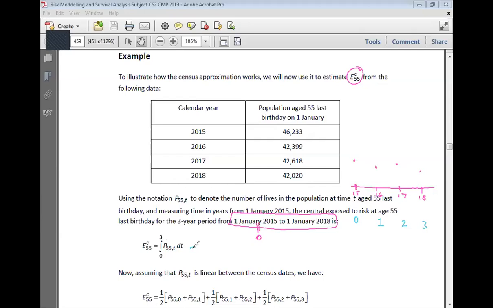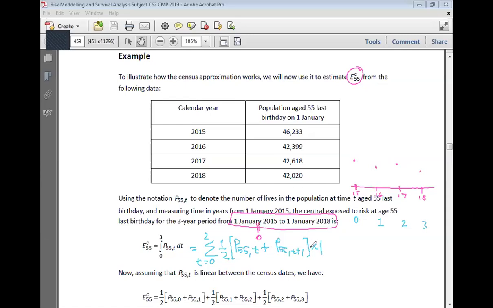You approximate this as a summation going from 0 to 2 of P55, t plus P55, t plus 1, times a half. This gives you the average. And the base, the difference between these, is 1, since I observe my lives after each year, so this just gets multiplied by 1.